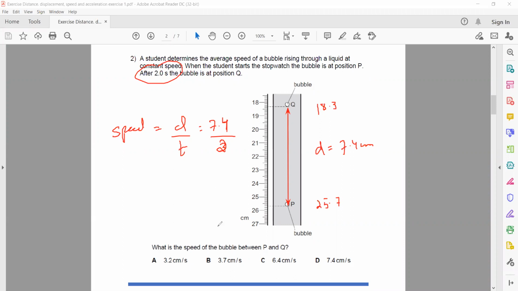So that's equal to 3.7. So B will be the right answer because this is 3.7 meter per second, not 3.2. 7.4 divided by 2 is 3.7.